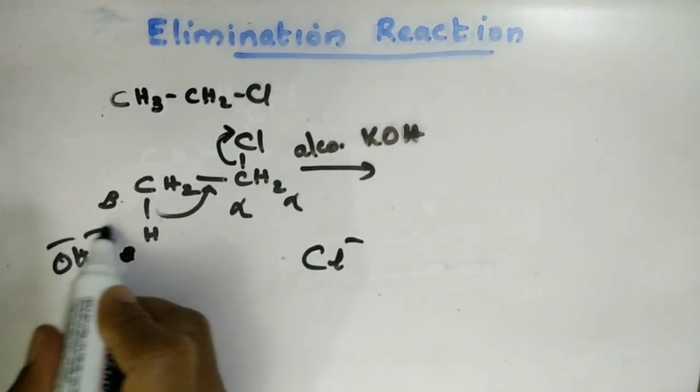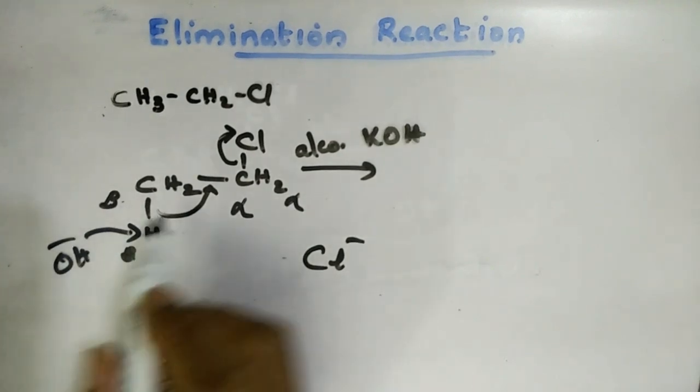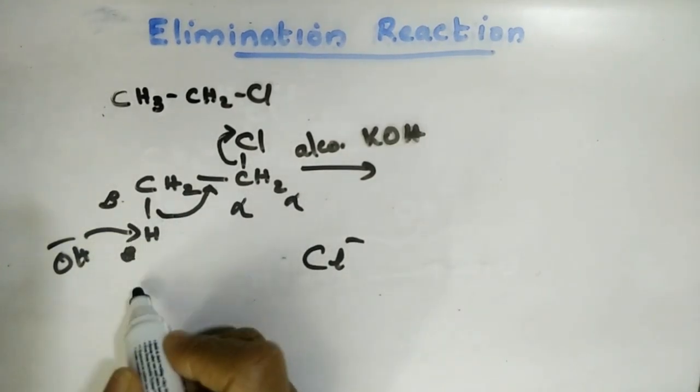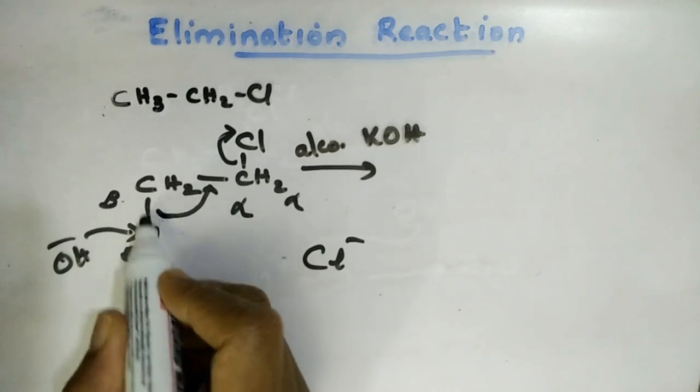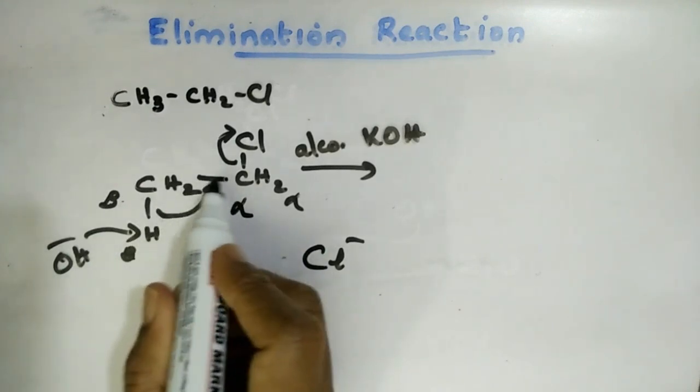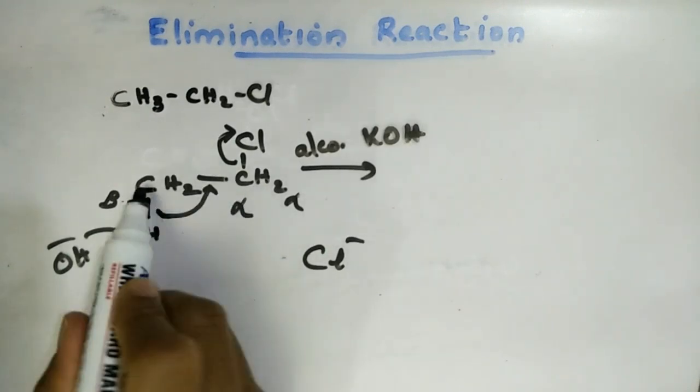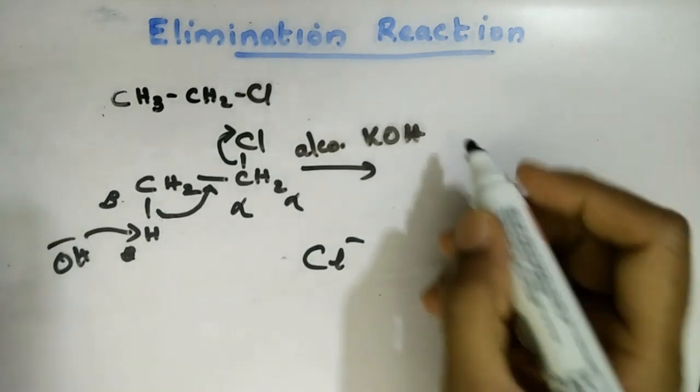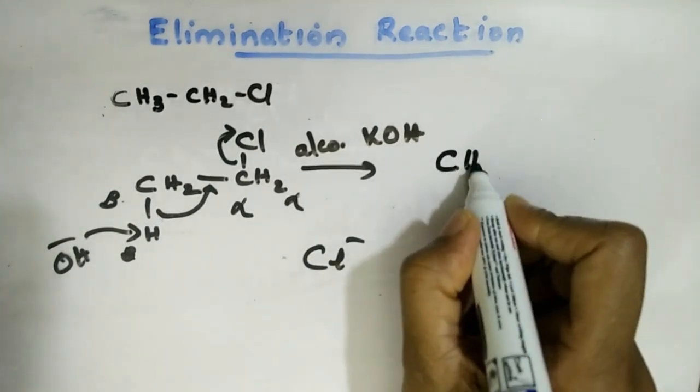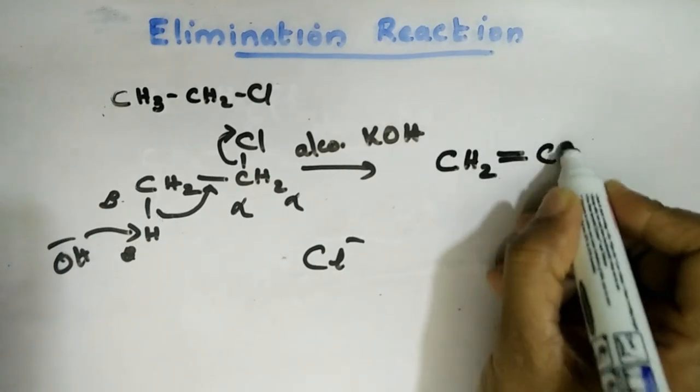So OH minus will take the proton and the electrons from the C-H bond shift to the C-C bond and make it a double bond. And you are getting CH2=CH2, that is an alkene.